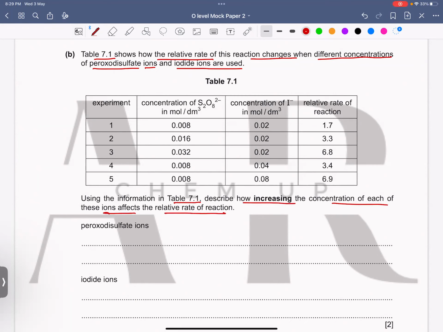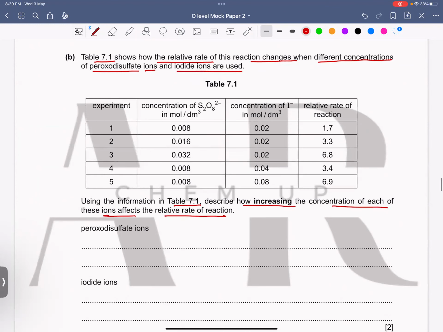So what I am going to do is compare experiment 1 and experiment 2. If we observe experiment 1 and experiment 2, the concentration of iodide ion is constant.